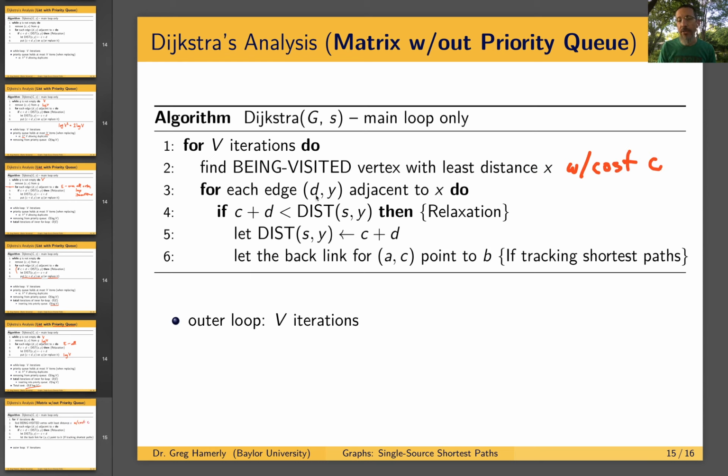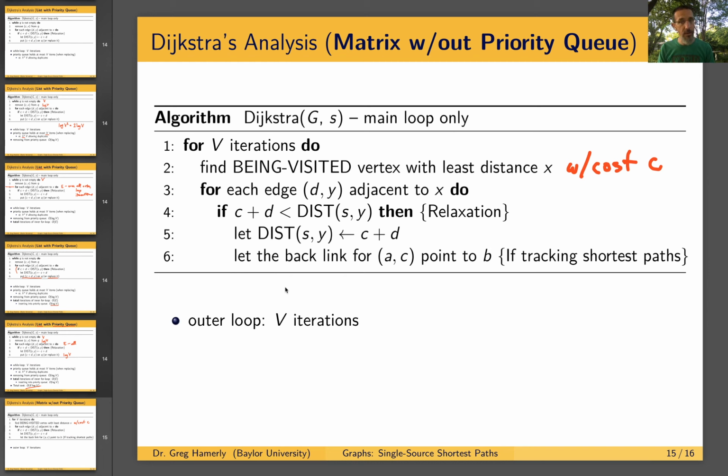And then for each edge that goes out from x with edge cost d to vertex y, if c plus d is less than the distance to get to y, then this is relaxation. We know how to do this, and we update the backlink if necessary. But notice one thing that's missing down here is there's no insertion into the priority queue because there is no priority queue. So this is the same algorithm.